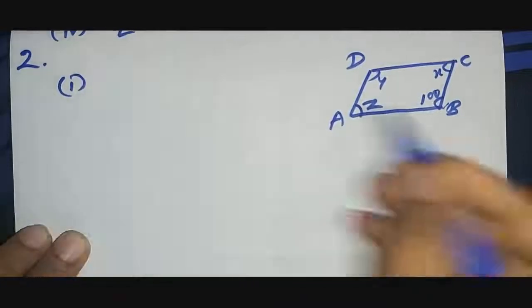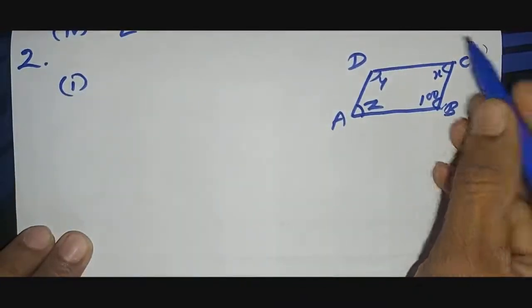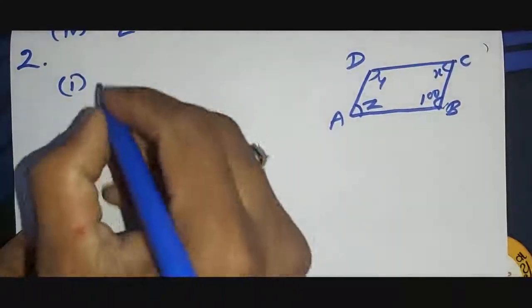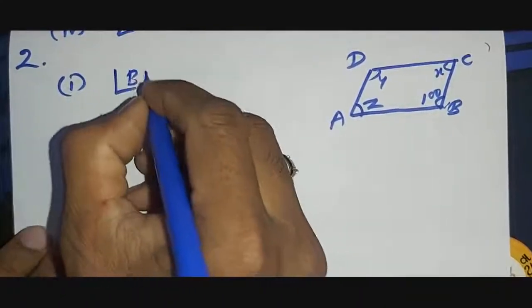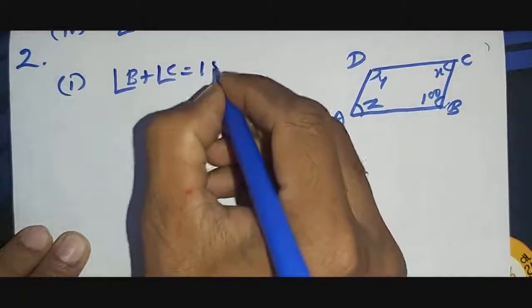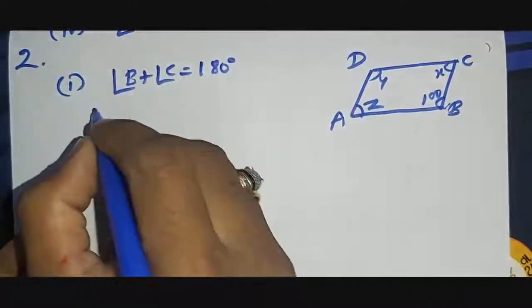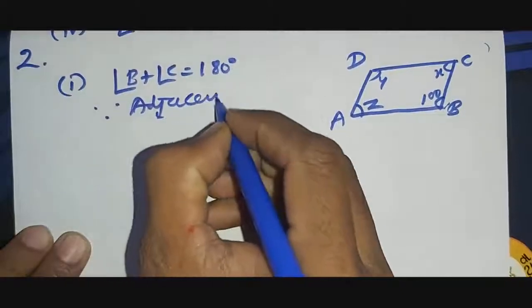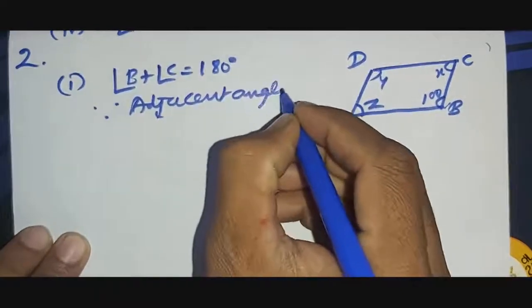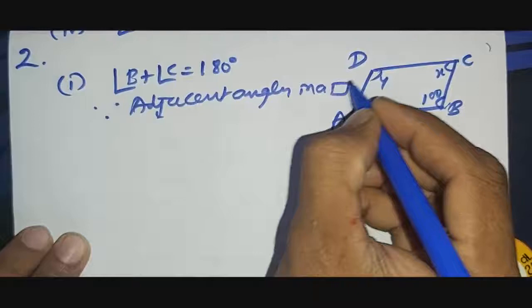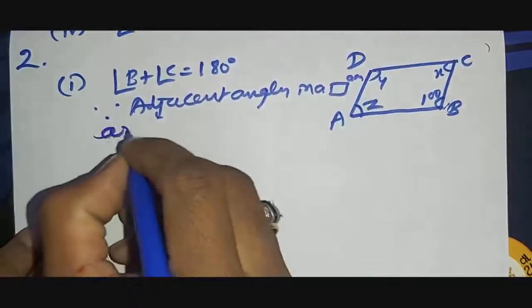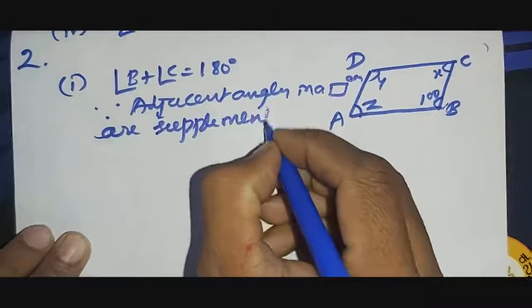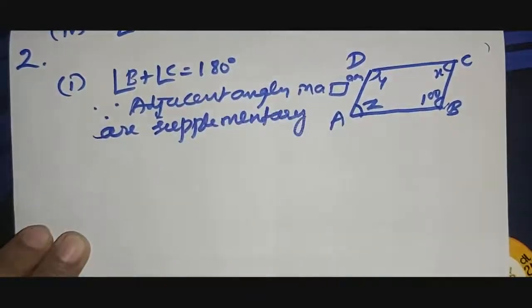Here angle B and angle C are adjacent angles in a parallelogram, which are supplementary. Angle B plus angle C is equal to 180 degrees because adjacent angles in a parallelogram are supplementary.